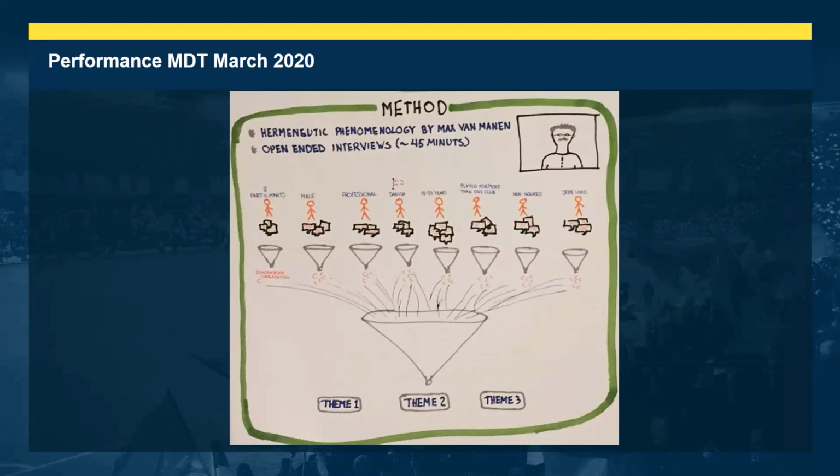We conducted 45-minute open-ended interviews, and we analyzed them via hermeneutic phenomenology as described by Max van Manen. Basically, we took all of the statements, systematically analyzed them and condensed them into 3 overarching themes. Those 3 overarching themes should represent all the statements from all of the players.